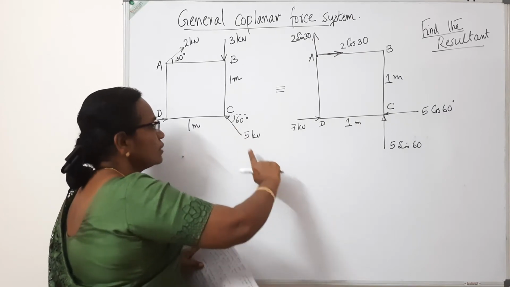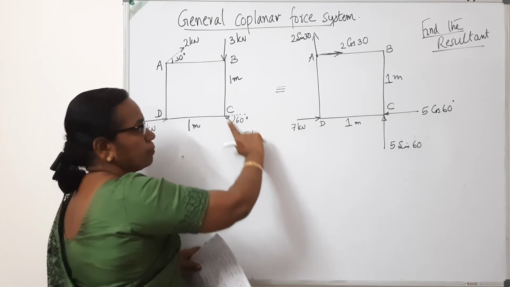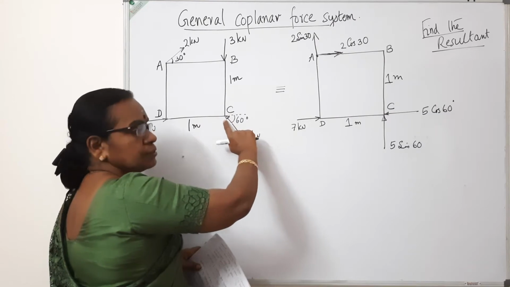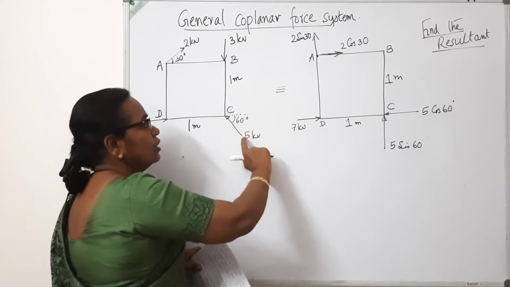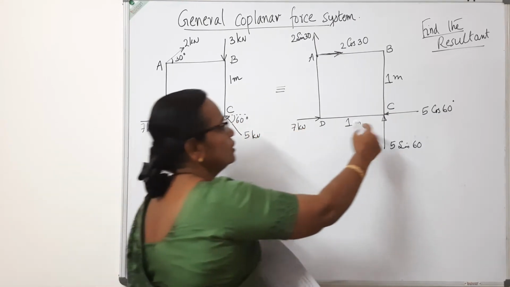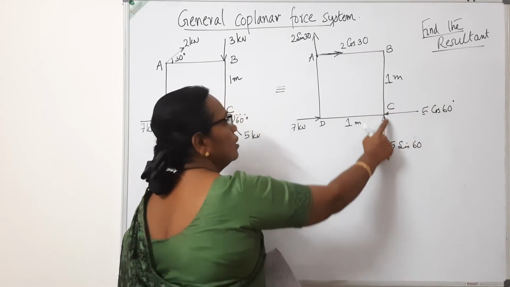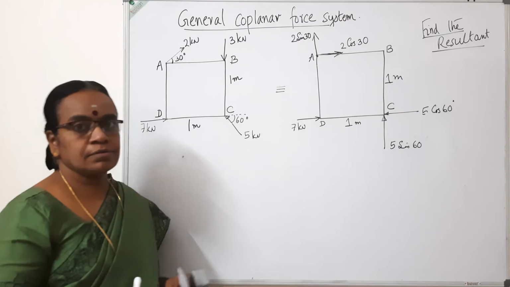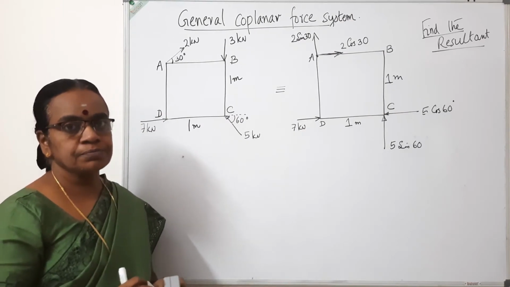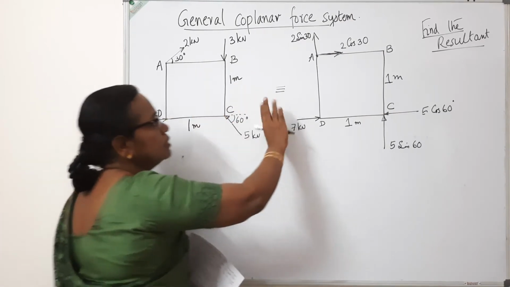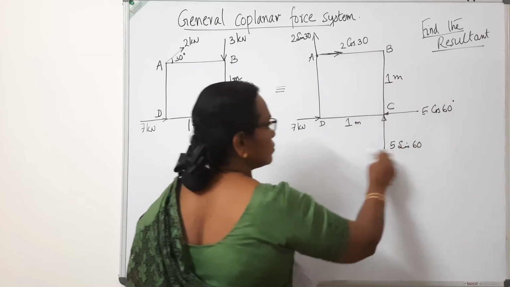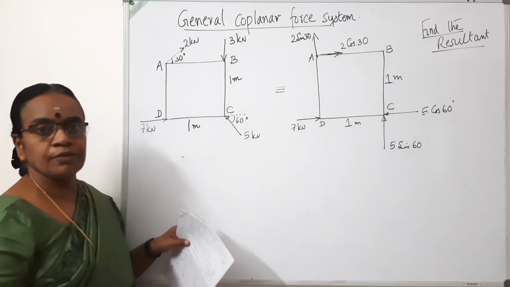Another force, 5, is acting towards C, towards the joint, or inward. So we have to resolve it towards C: 5 cos 60 and 5 sin 60. This is already known to all of you. So the given question has been replaced with the forces resolved into horizontal and vertical directions.